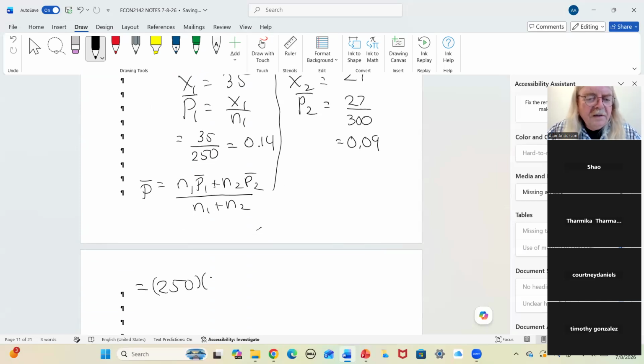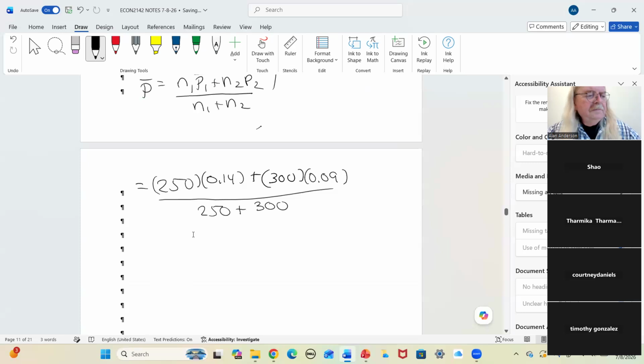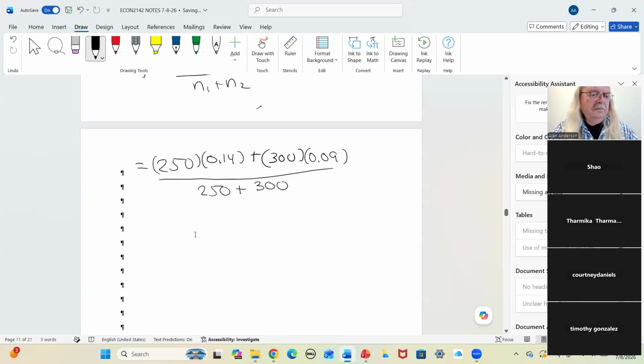So we have 0.14. Let's find out what that equals. All right, it's approximately 0.1127.